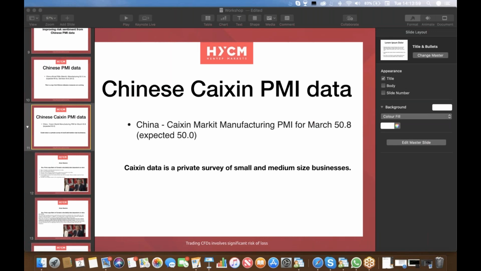So when China's doing well, Australia's doing well, and many currency traders will trade the Australian dollar as a proxy for Chinese data. You might think, okay, some Chinese data is coming out, what good is that for me as a currency trader? Well, the Australian dollar is a good currency to trade Chinese data off.